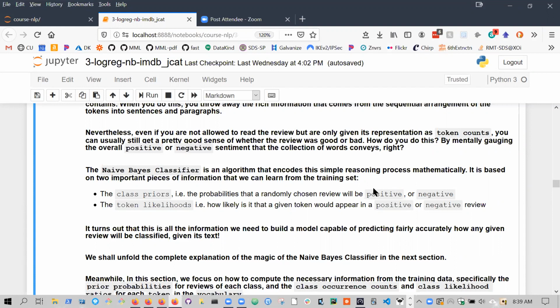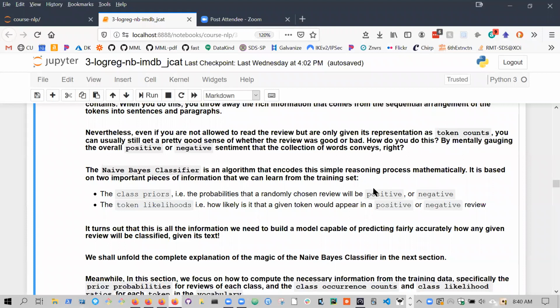And the token likelihood just quantifies that. It actually says, of all the tokens that are in all the positive reviews, how likely is it that the token is the word marvelous? Of all the tokens that appear in all the negative reviews, what's the probability that the token is the word marvelous? That's the token likelihoods.